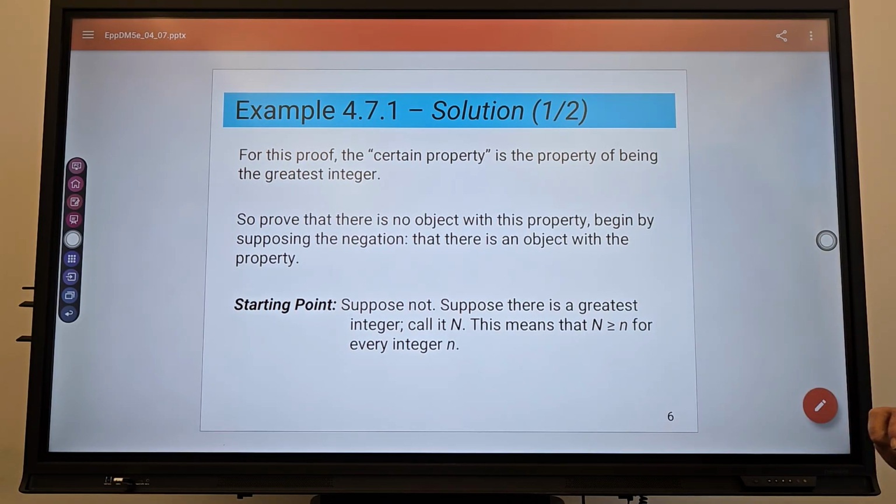So, for this proof, the certain property is the property of being the greatest integer. So prove that there is no object with this property. Begin by supposing the negation, that there is an object with this property. Suppose there is a greatest integer, call it big N. This means that big N is greater than or equal to n for every integer little n.